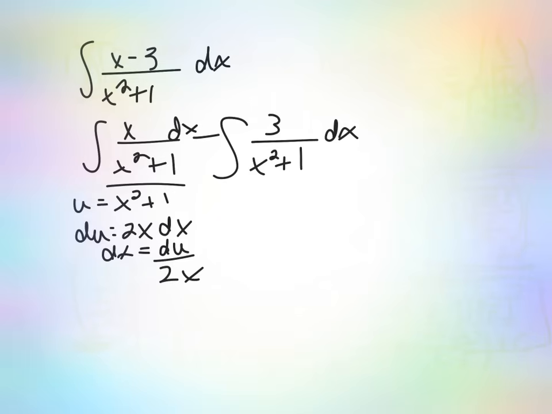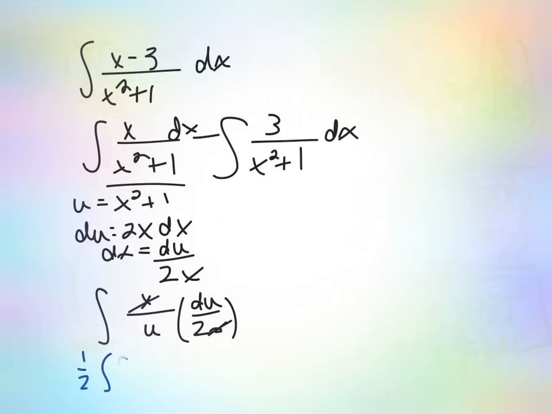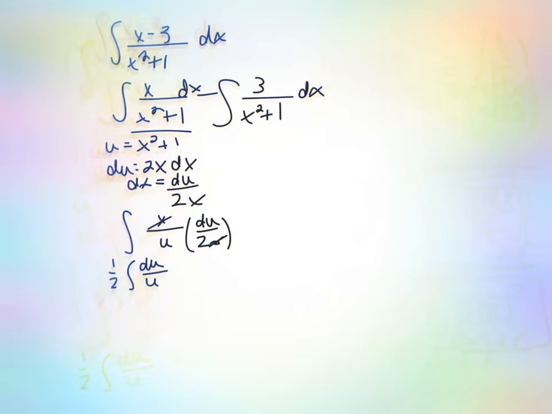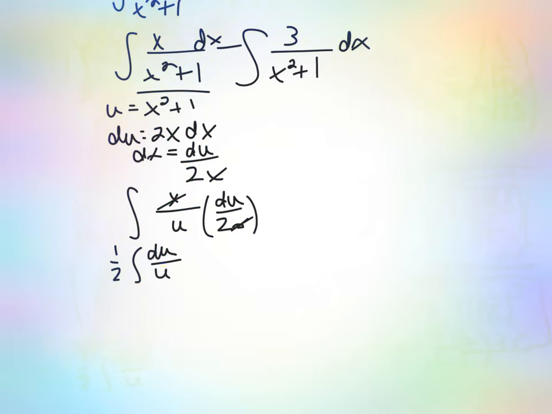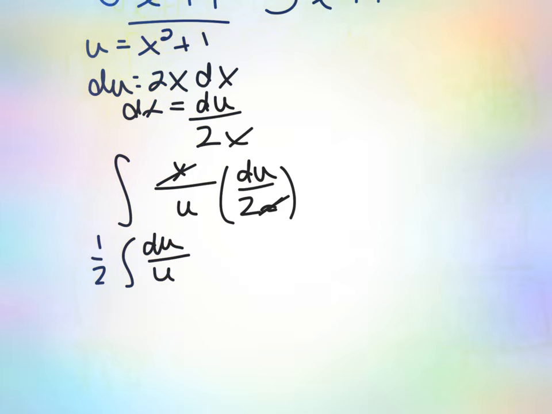Then the integral becomes x over u times du over 2x, the x's are gone, take out the 1/2, so it becomes 1/2 the integral of du over u.